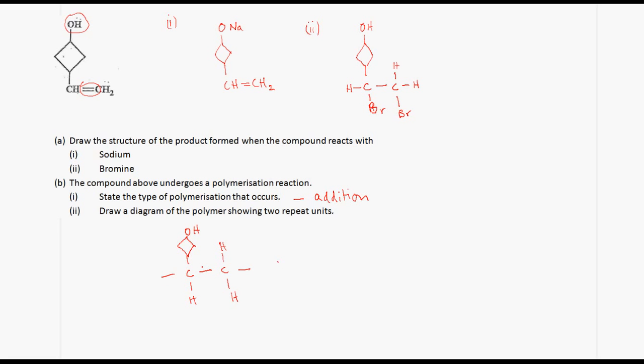To draw 2 repeat units, it'll look like this. So notice it is not a difficult question, because all I have done is redrawn this, and instead of putting a double bond, I've put a single bond.